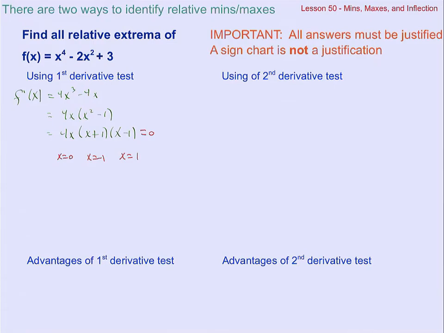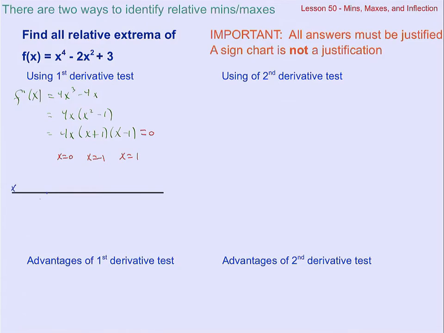So if we want to find, using the first derivative test, out if there's a relative min or max at any of those 3 points, what we're going to do is check the signs of the first derivative on either side of all of those critical values. So we'll do that with a quick sign chart. I'm going to put my x values up here.